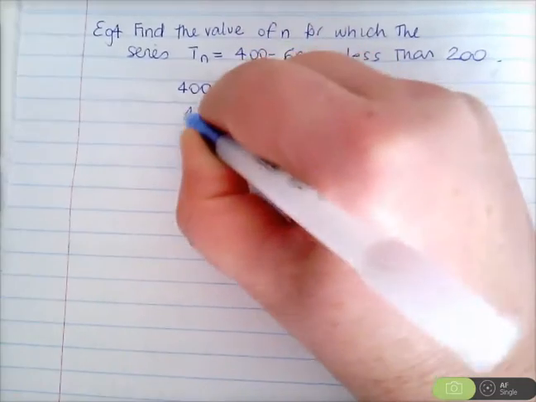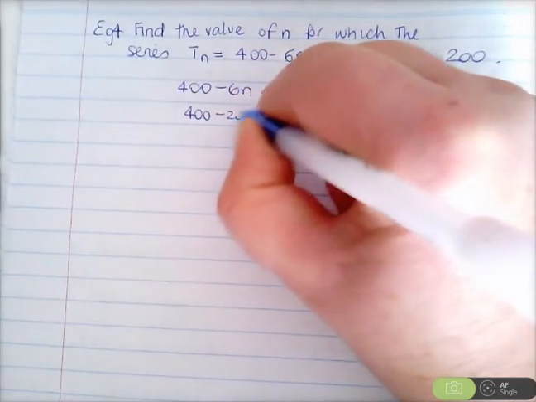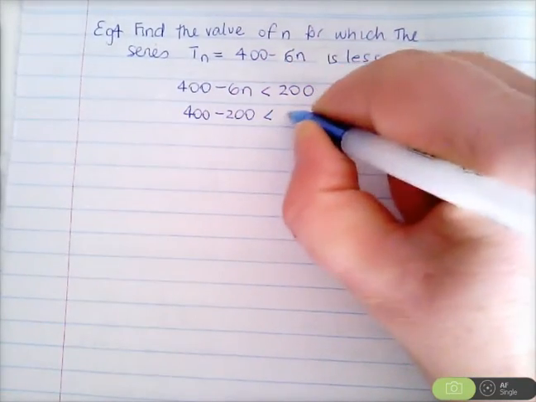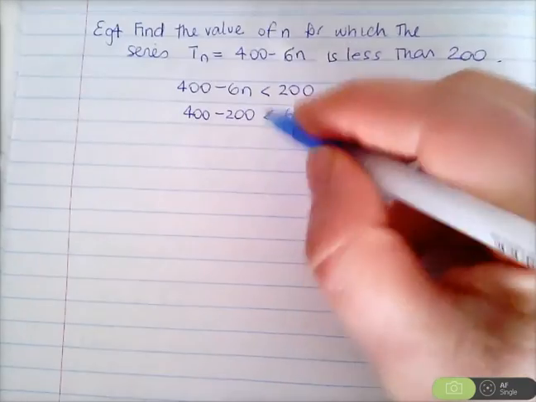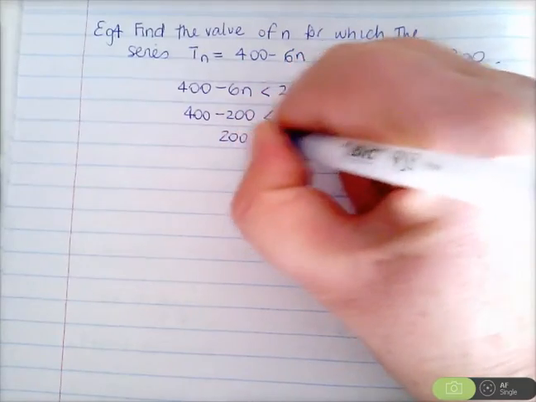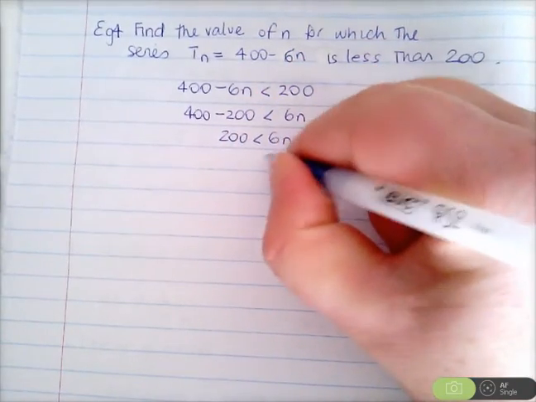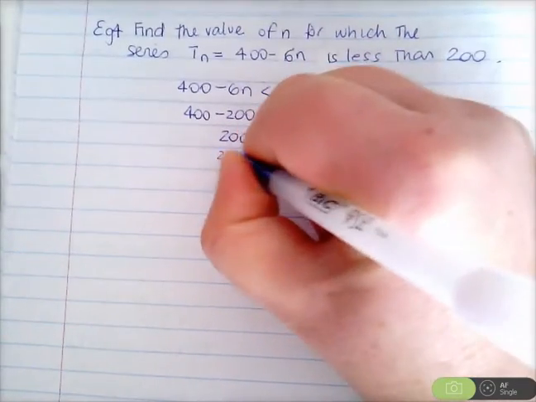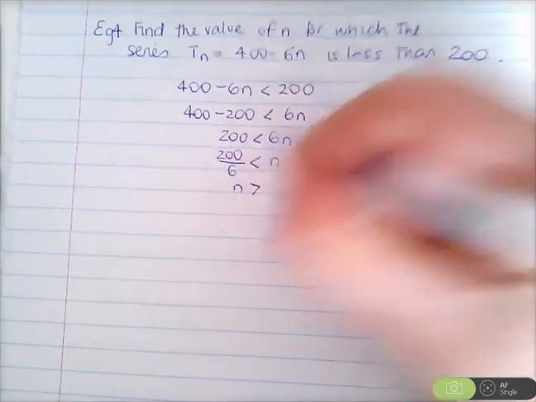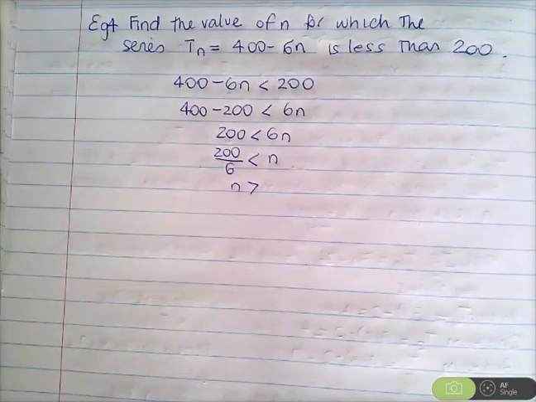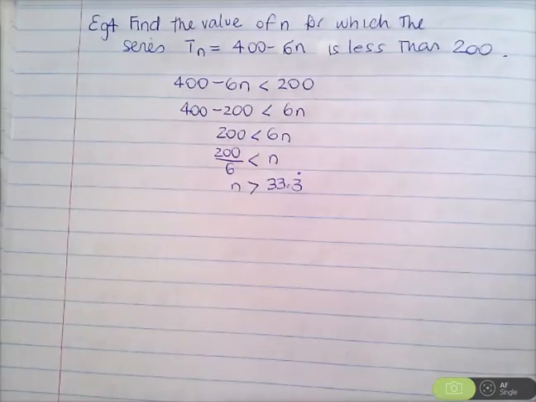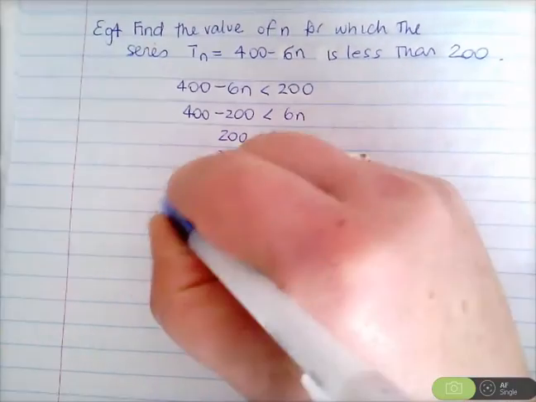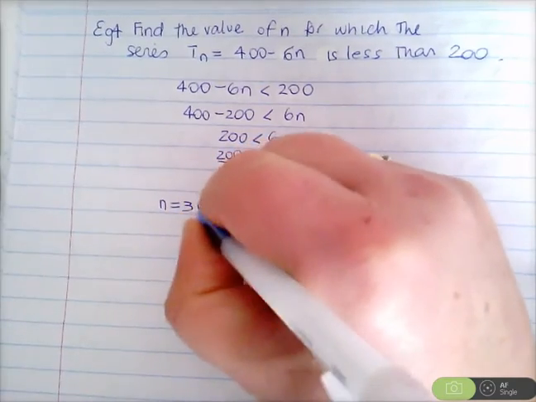So 400 minus 200 is less than 6n. Here we're just adding and subtracting from both sides, therefore the inequality doesn't change, so 200 is less than 6n. n is greater than 200 over 6, so n is greater than 33.3 recurring. Because n has to be greater than 33.3 recurring, therefore n equals 34.